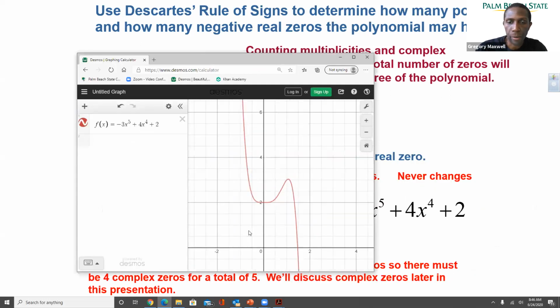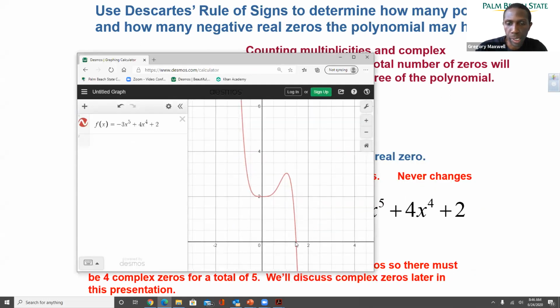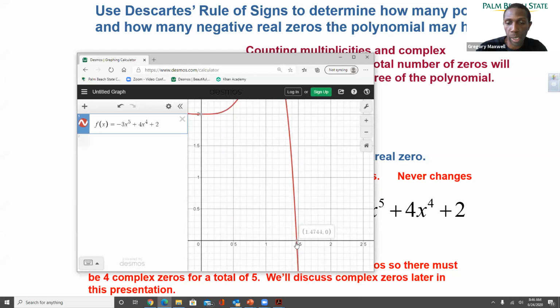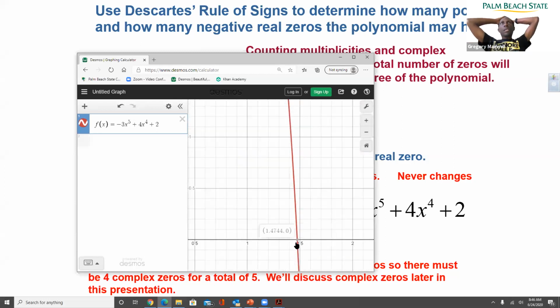If you look at this graph here, it crosses the x-axis somewhere right here, which is an approximate value. It's pretty hard to identify. It's 1.474, which you have to find using something called the Newton method, which is using something called the intermediate value theorem to figure an estimate of this point.